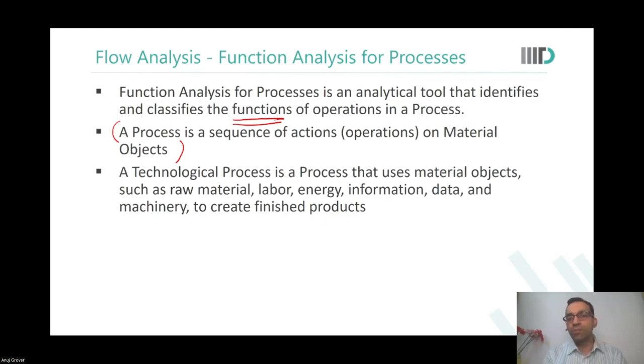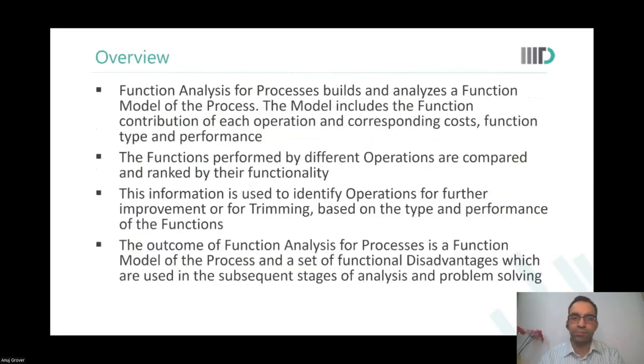A technological process is a process that uses material objects, and as time has evolved, we have added stuff like information and data into it. When Altshuler did it, information might have still been there, but data definitely was not. Energy, labor, material were there, but these were added much later as computing paradigms evolved.